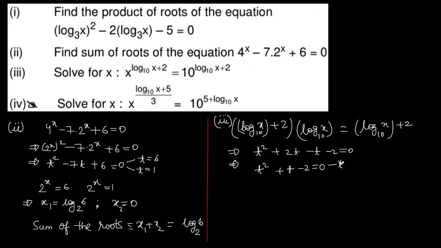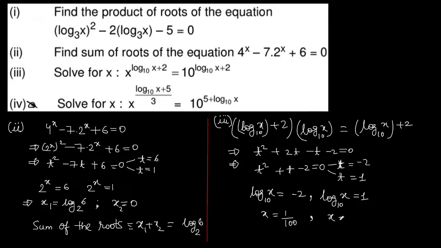T will be equal to minus 2, t will be equal to 1. So log x base 10 is minus 2, log x base 10 is 1. So x is 1 by 100, x is 10.